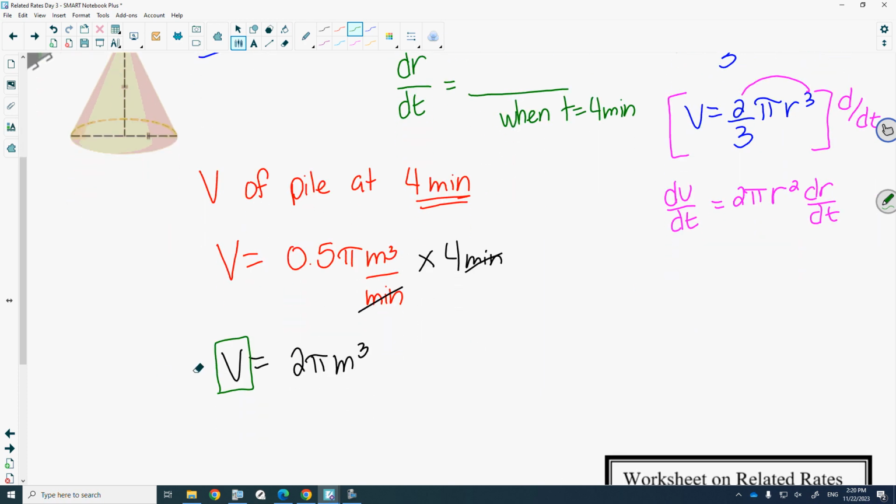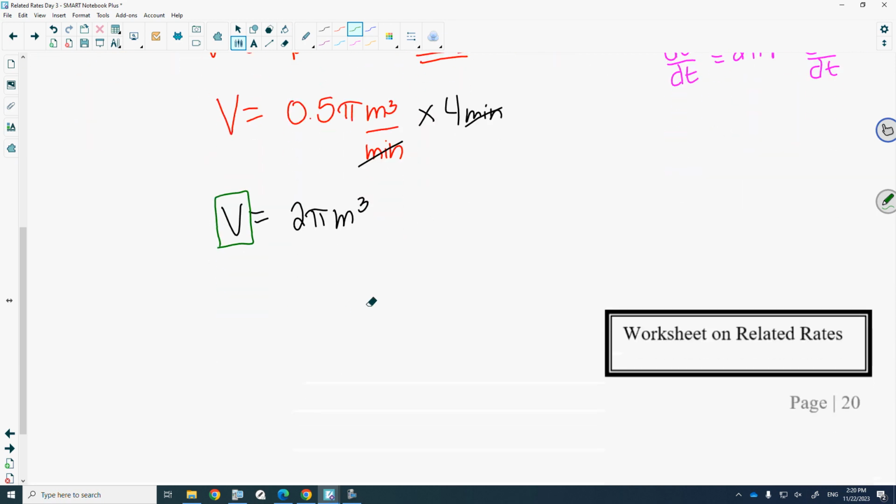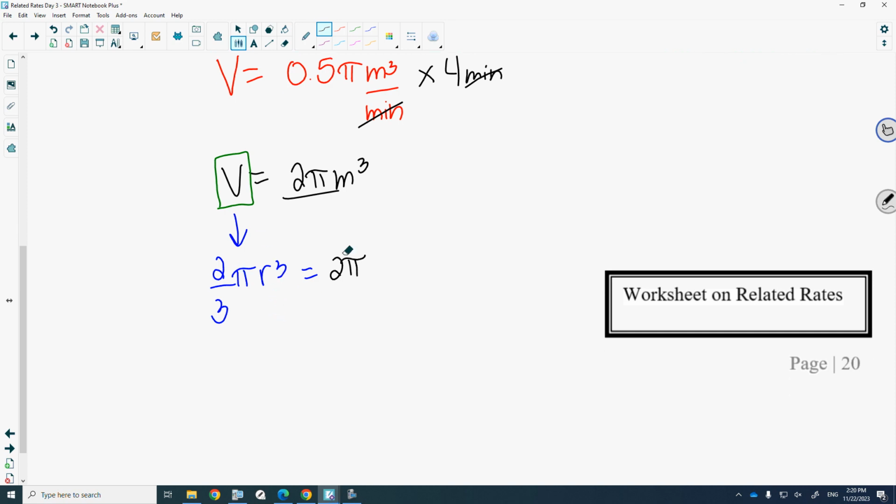So take V out and let's put in what the volume is, 2 over 3 pi r cubed. That's equal to 2 pi. And then we're going to manipulate this to get what r, the radius, is equal to. I've got a pi on each side of my equal sign, so I could cancel out my pi's.